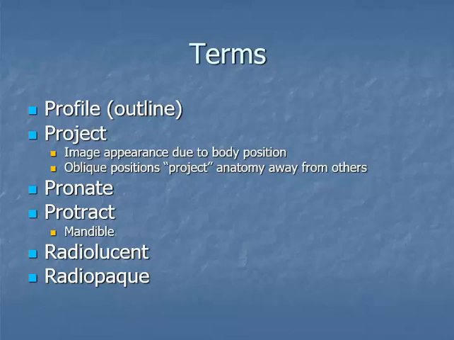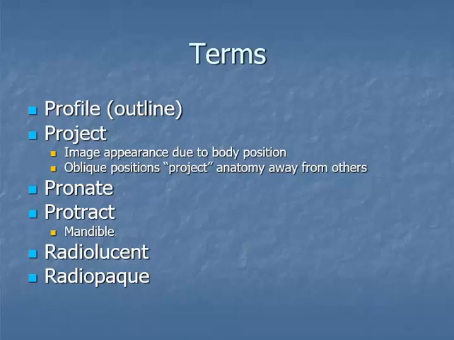We also have projection of the central ray. So we project the central ray cephalic, caudad, lateral, medial. But what we use oblique positions, as well as cephalic and caudad angulation on our central ray, is to project anatomy off of other anatomy.